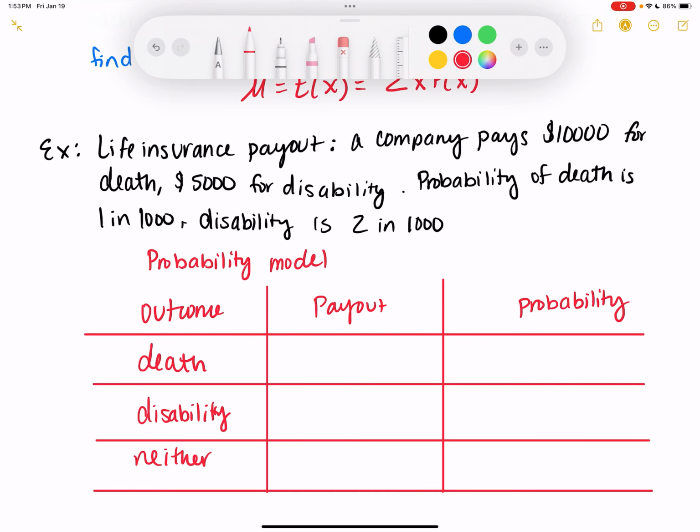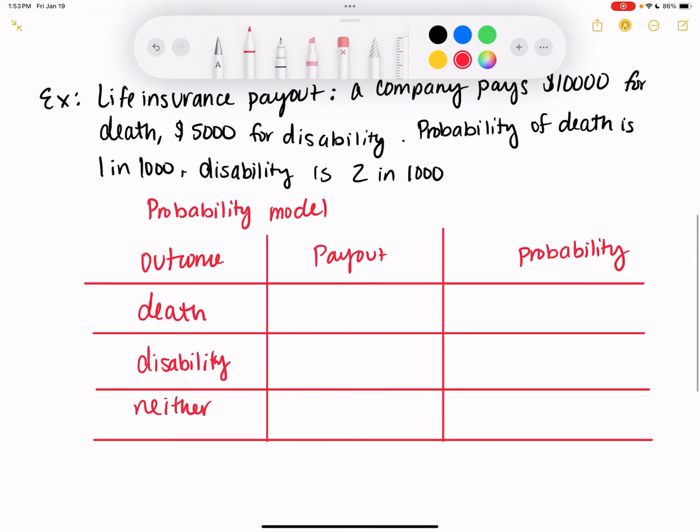Are you to the example? Yeah. Okay. All right, so the payout for death is $10,000. The payout for disability is $5,000. And neither is $0. So nothing's wrong with you, you get no money.